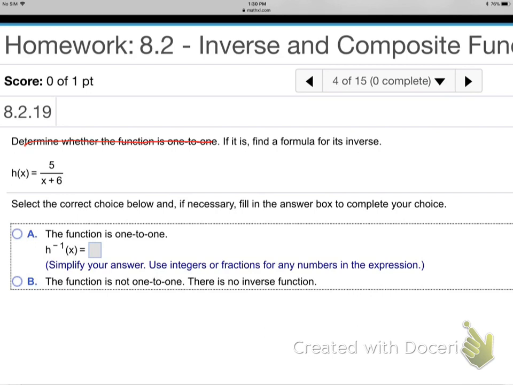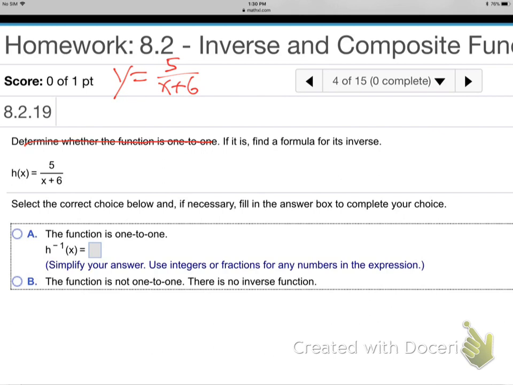All right, so try that one. Just find its inverse. Switch x and y, solve for y. So y equals 5 over x plus 6.